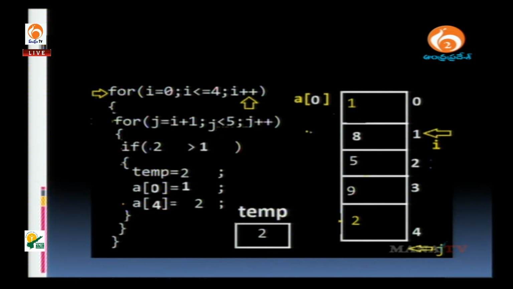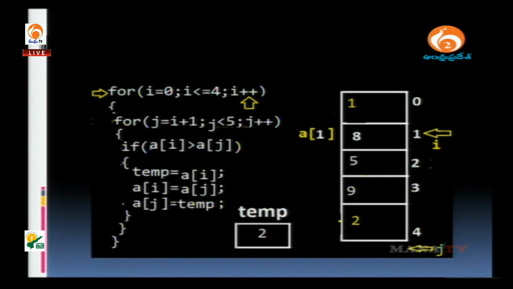It was 0 initially, now it becomes 1. Now 1 less than or equal to 4 is true. Whenever the condition becomes true in the outer for loop, the control enters the body of the outer for loop, this entire thing.